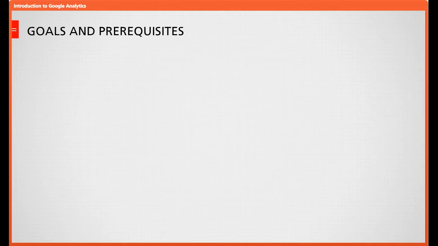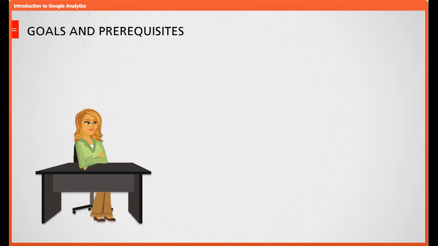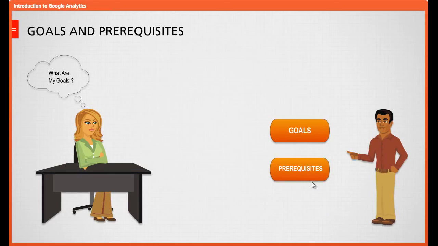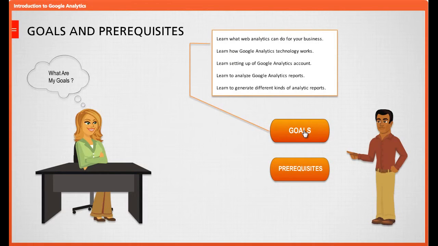Going ahead, what are your goals for this course and what are the prerequisites, if any? Well, let me tell you. The goals that you have are very simple. You get to learn what web analytics can do for your business, how the Google Analytics technology works, how you set up an account, how you analyze reports, and how you generate different reports.